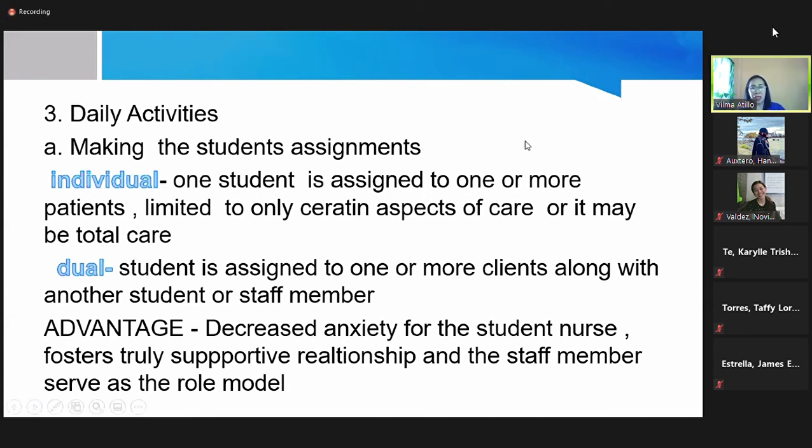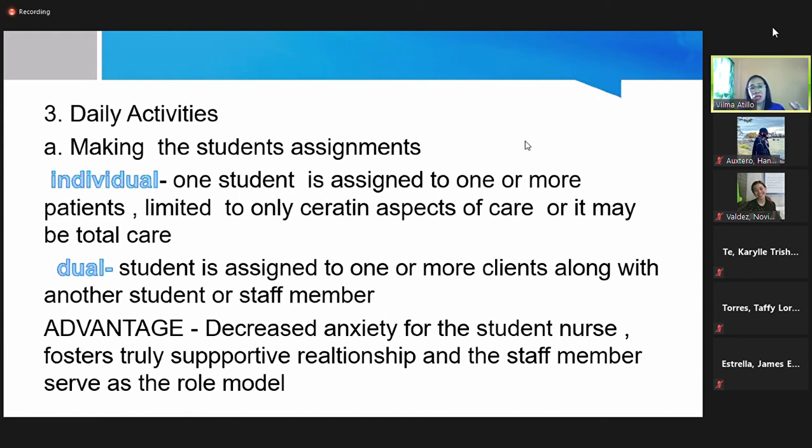So, depende. Because sometimes in the ward, isa lang ang ating affiliation institution, San Pedro Hospital lang. Sometimes you are together with the third year. So, meron kayong locus of responsibility. The third year will be in charge of the documentation.